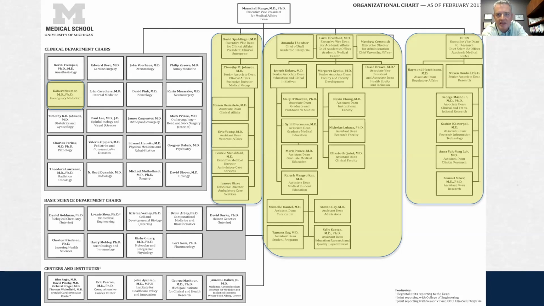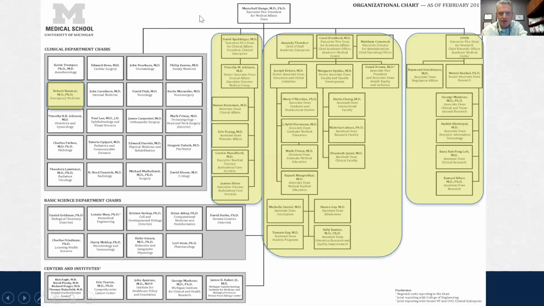And then within the two academic missions, we basically have the education and the research mission. So on the right-hand side is our school, in the middle is our clinical operations, and then up in the upper left-hand corner, these are the chairs of the clinical departments.